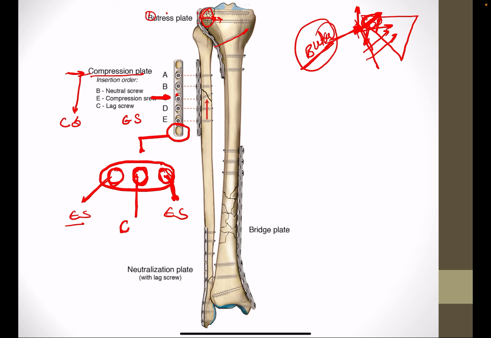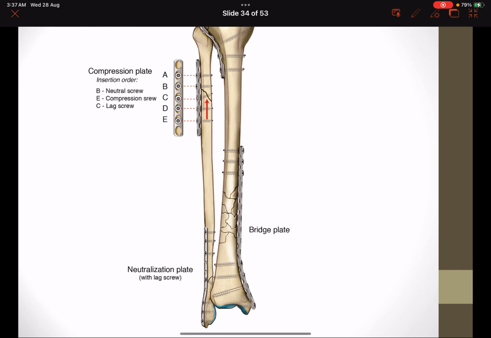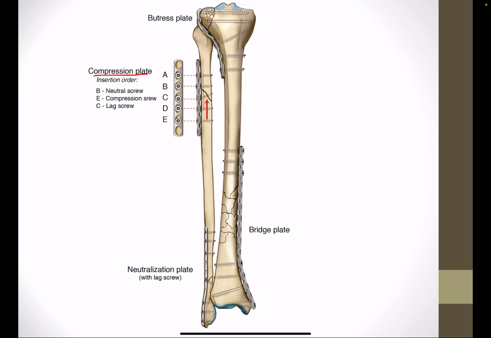Now how the combination of a centric screw and eccentric screw is used to achieve compression is actually the science behind the compression plate. Very simple.